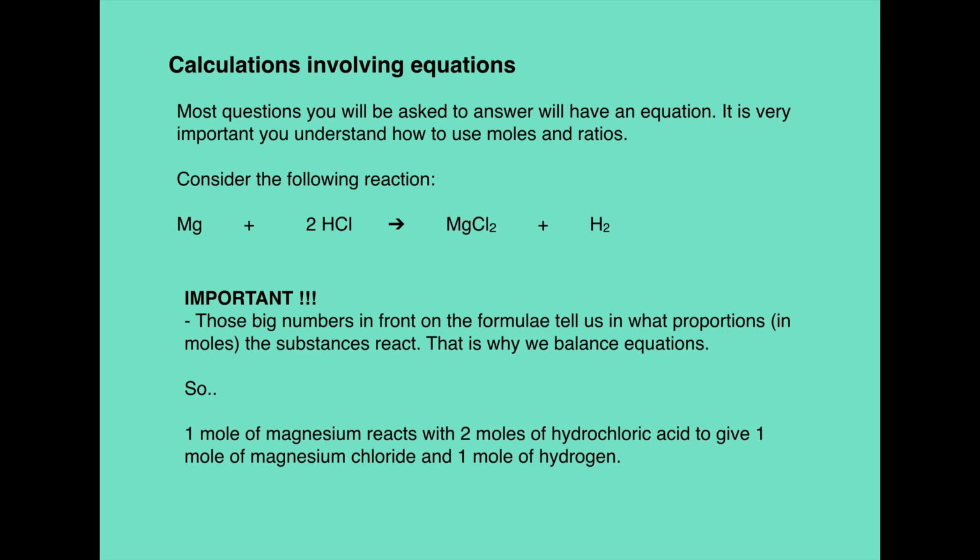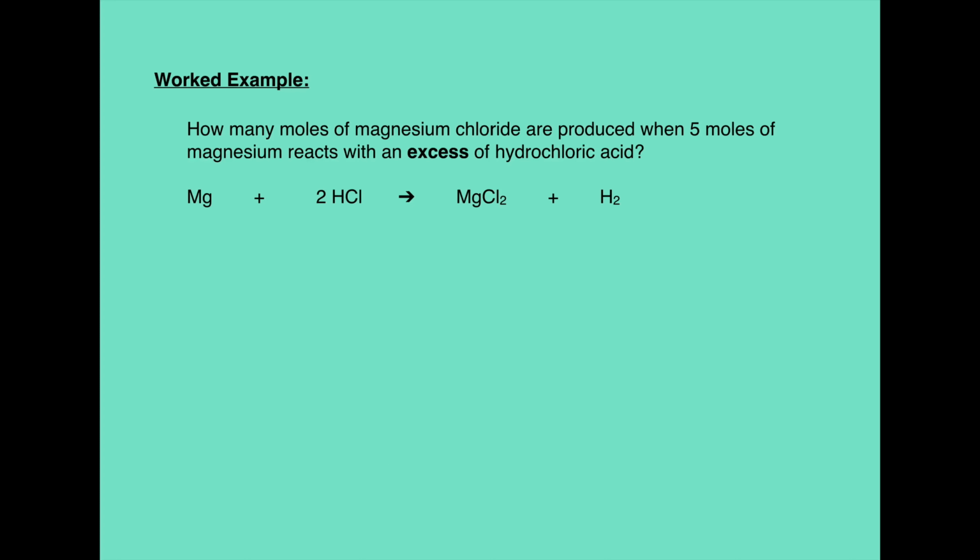Okay, just make sure that's clear because it's a very important point. It's a ratio of moles in the reaction. Right, so let's have a look at a particular example of quantities. In this equation, as we've just said, the ratio is 1, 2, 1, 1.